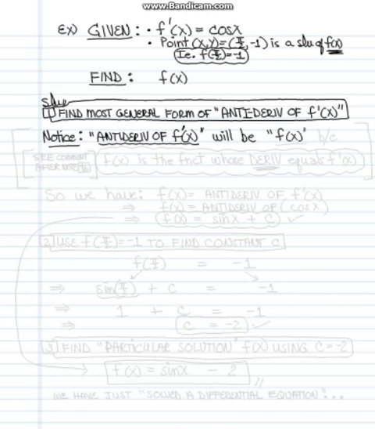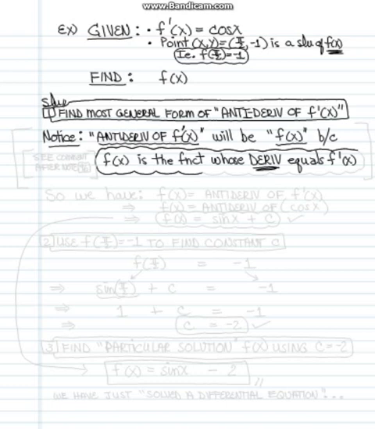Yeah, there's a prime there. Why is that true? Well, you'll have to look at the comment after note 96. It says f of x is the function whose derivative equals f prime of x. So that makes f of x the antiderivative of f prime of x.